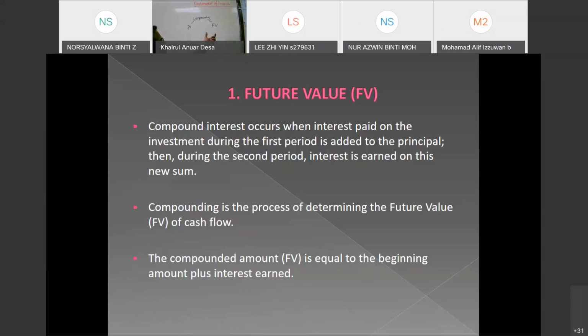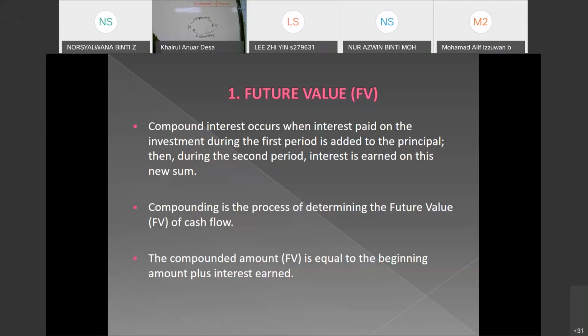And what is the process of future value back to the present value? Apa proses ni? Okay, panggil dia sini discounting. Okay, dah pandai lah. This is the process, right?